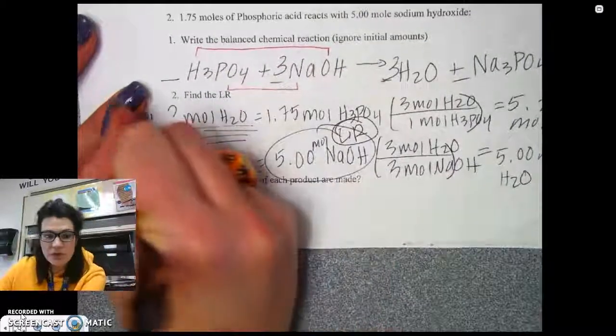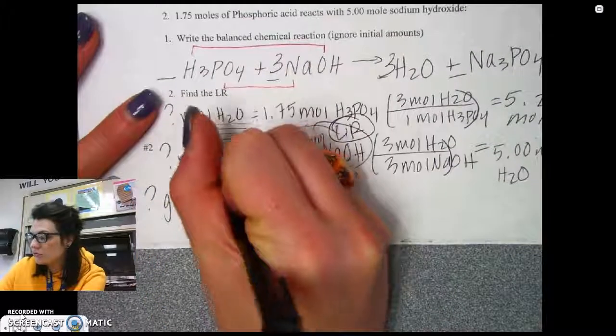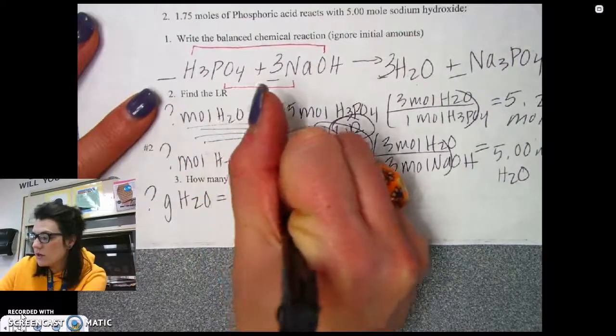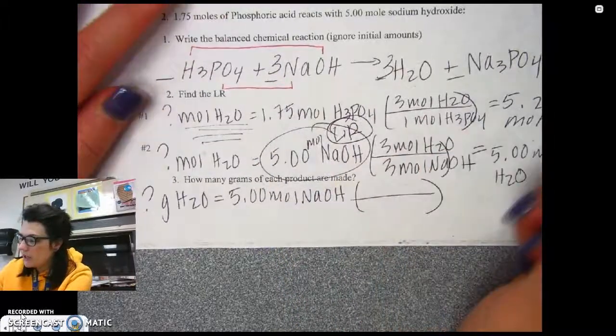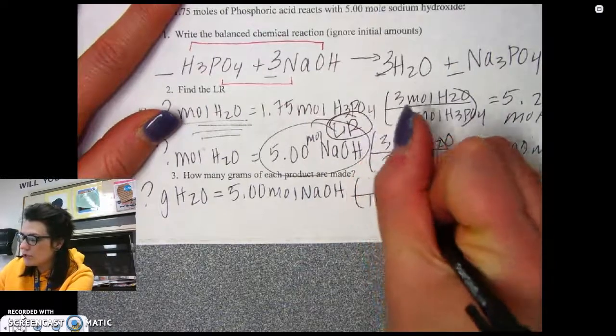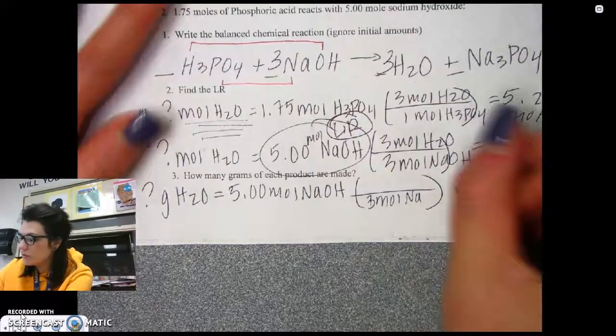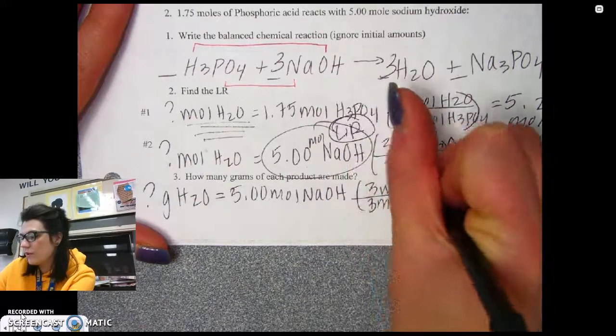So I'm going to say question mark grams of H2O is equal to 5 moles of sodium hydroxide, and for every 3 moles of sodium hydroxide, I had 3 moles of H2O.